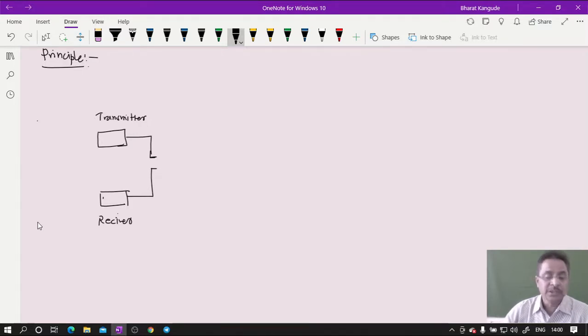Let's suppose this is an object here. It is a plane. Now this transmitter transmits an electromagnetic wave. So this is the wave transmitted here, and then some part of the wave gets reflected.